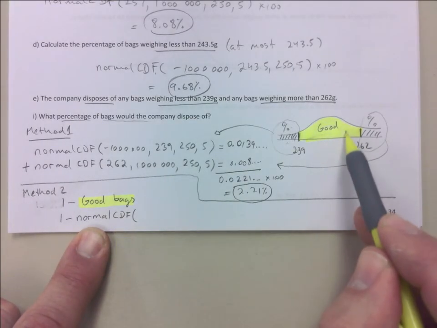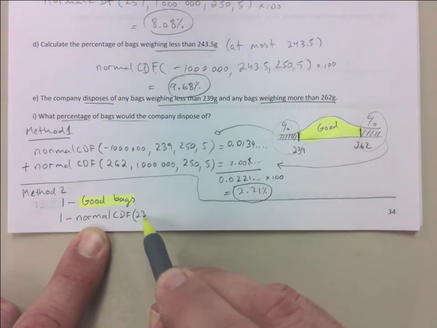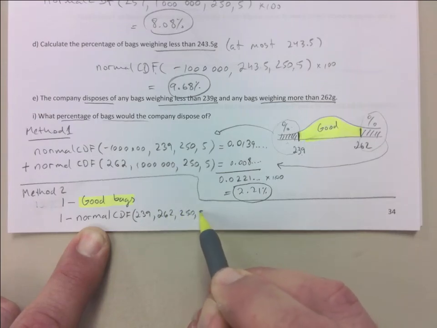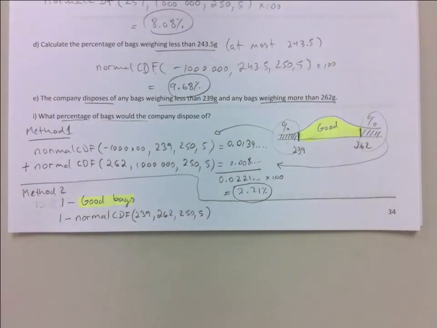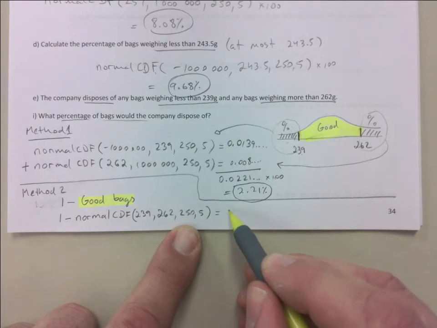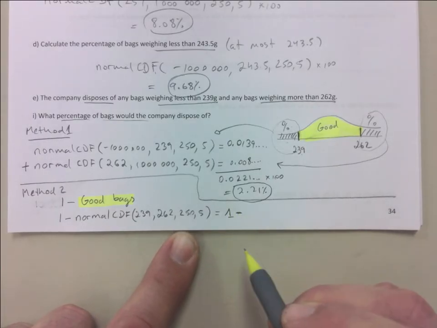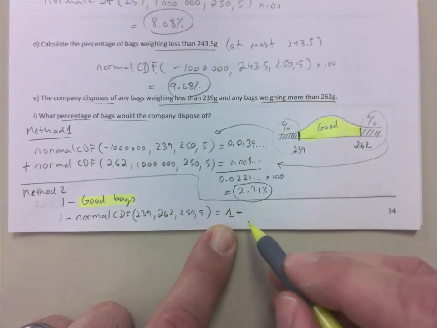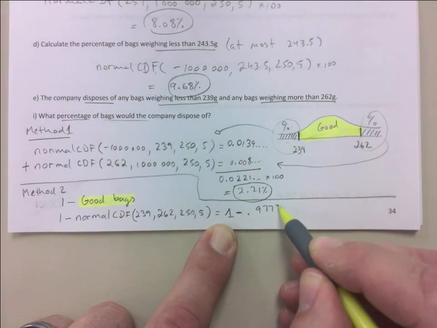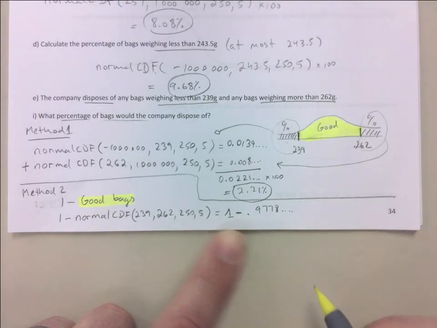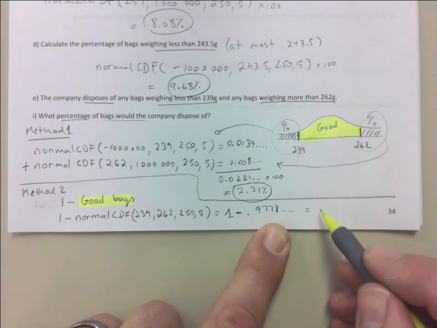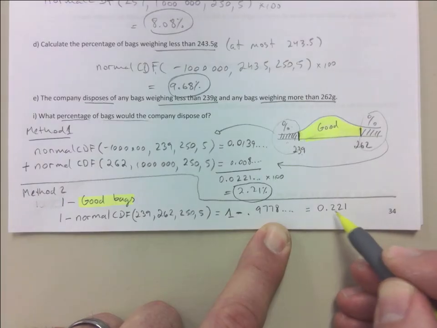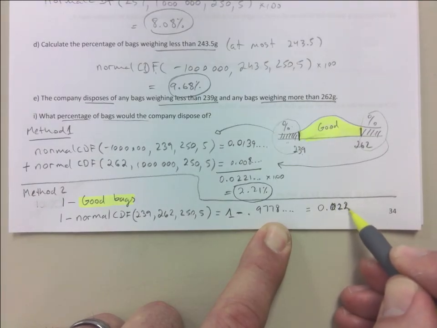This part right here, if we wanted this, we would go 239 to 262, 250, 5. I'm going to show my work here. I'm going to go 1 minus the good ones, which is 0.9778, and that keeps going, which gives you 0.0221 something.